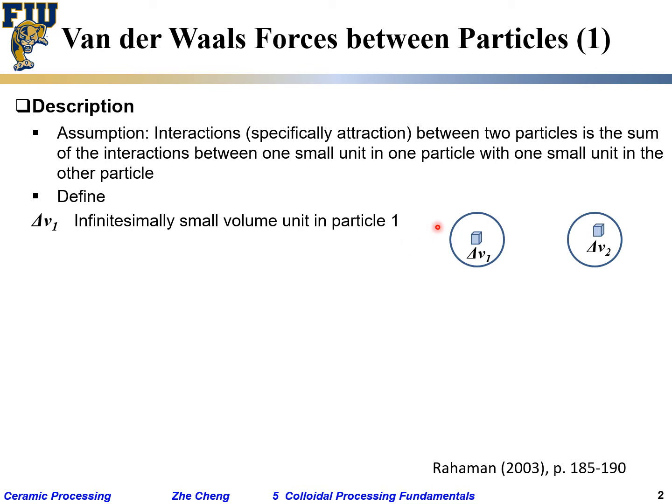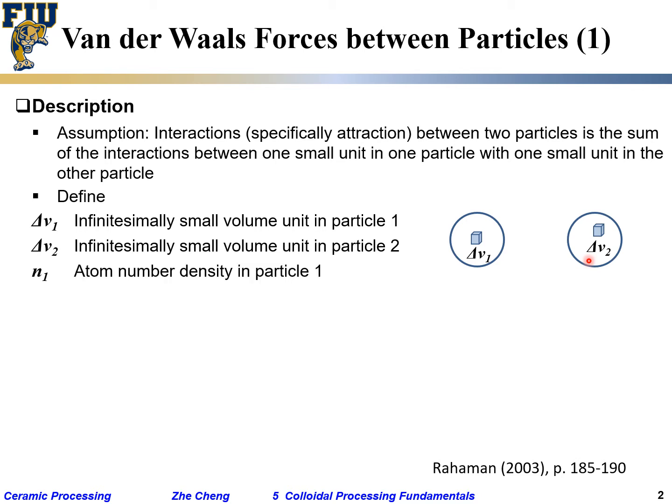And in particle 2, of course, we can define delta V2, right? And N1, the atom number density within particle 1, which means per unit volume, how many atoms within particle 1. And similarly, N2 would be the atom number density within particle 2.